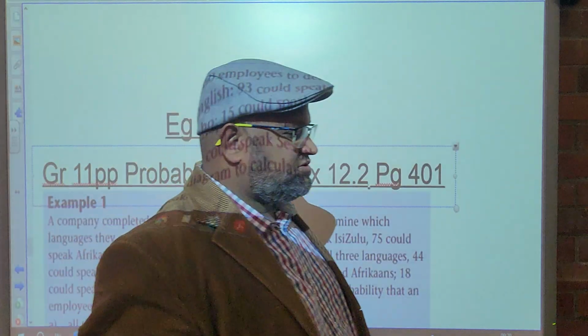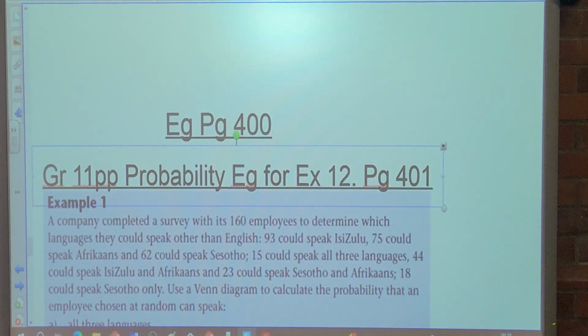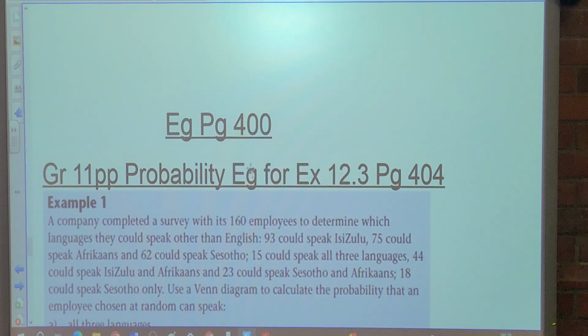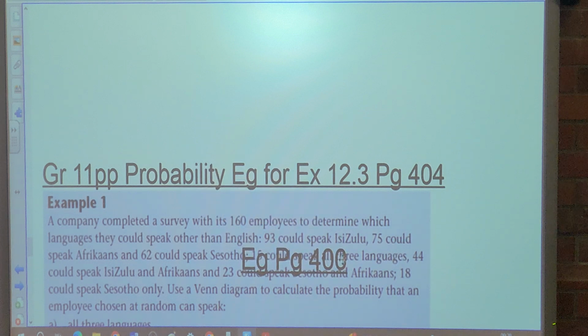We're going to draw Venn diagrams today. Exercise 12.3 is on page 404. However, example 1 is on page 401. All right.